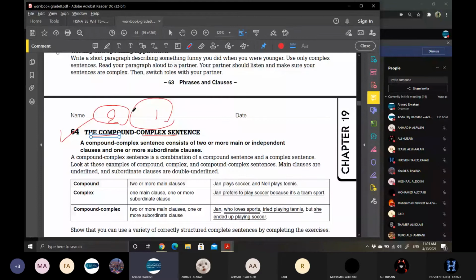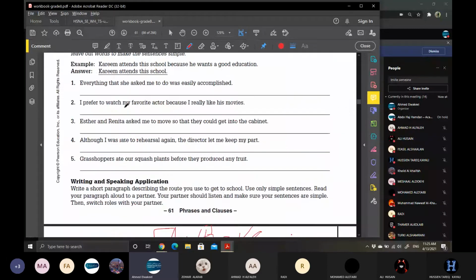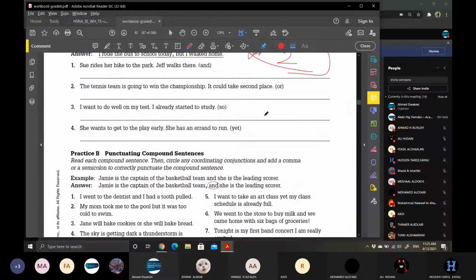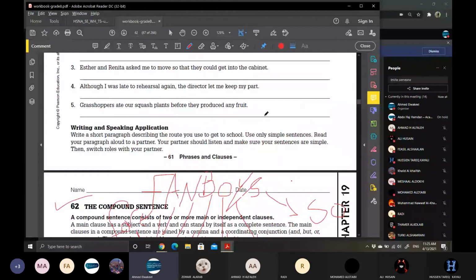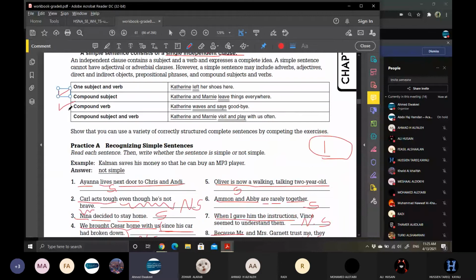So at least in the simple sentence, you will have 1 independent clause. And remember this, an independent clause can have a compound subject, a compound verb, or a compound subject and verb. It doesn't mean that the sentence itself is compound, but we have a compound subject, more than 1, or a compound verb, more than 1 action verb, or both.